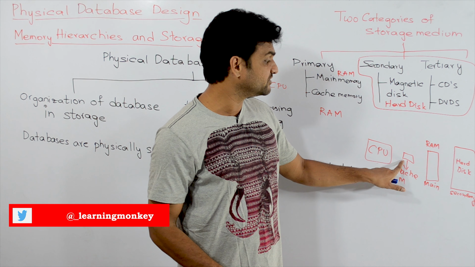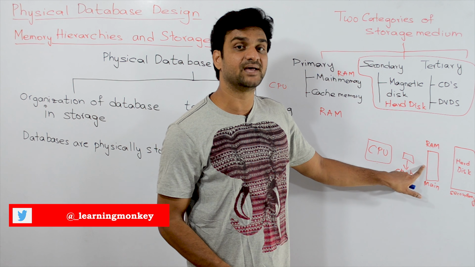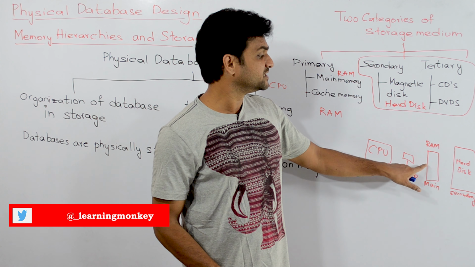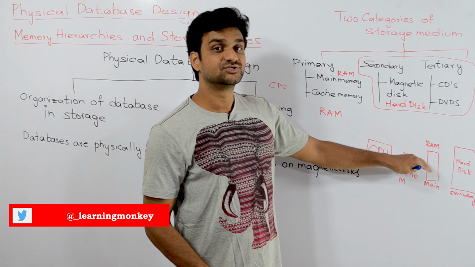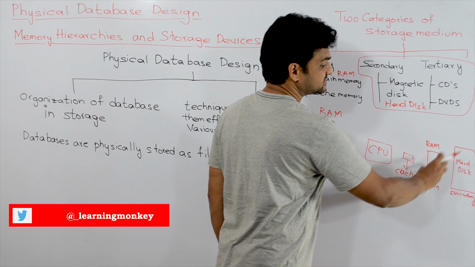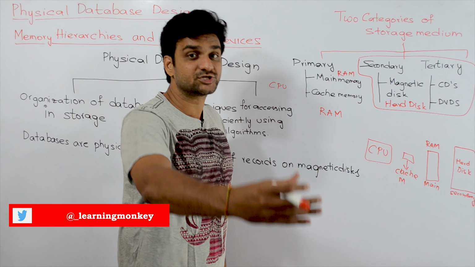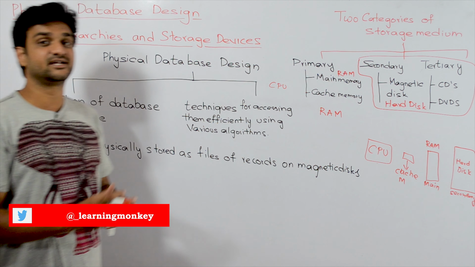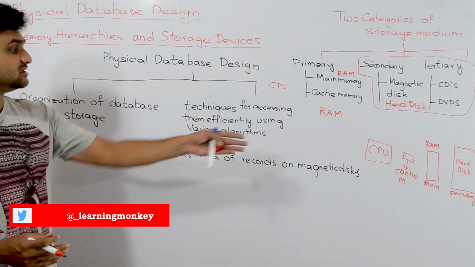If the data is not available in the cache memory, it asks the RAM. If it is not there in the RAM, we fetch the data from the hard disk, and the next portion of the data gets stored onto the RAM. This is how things get processed on the computer.